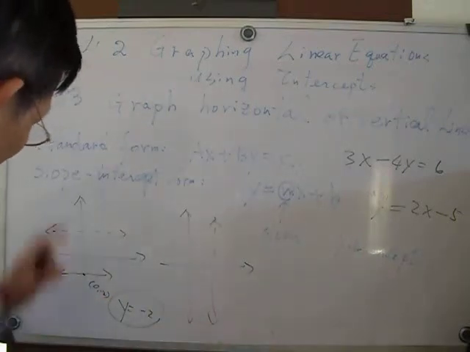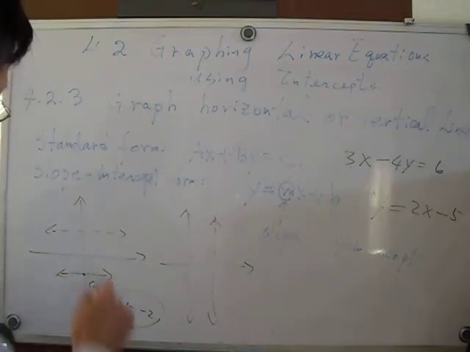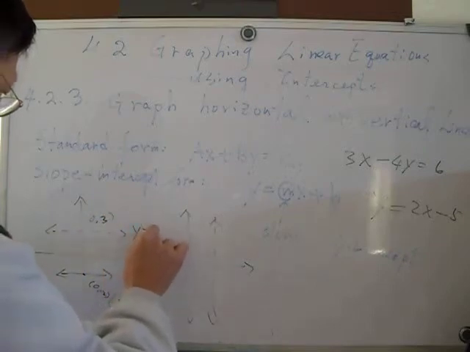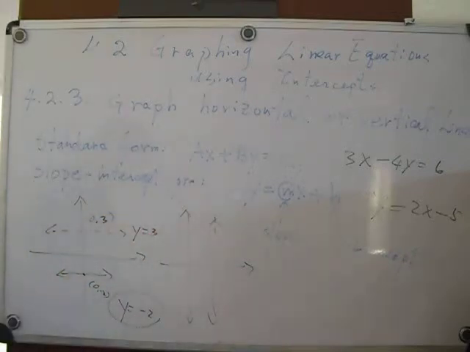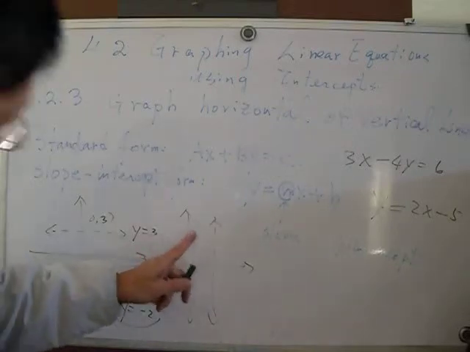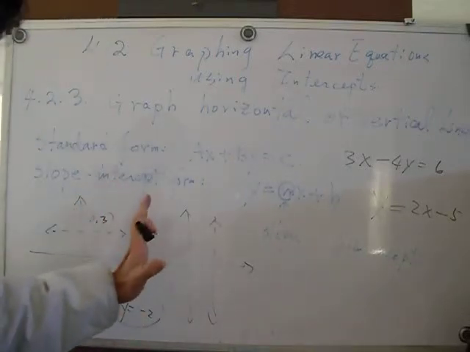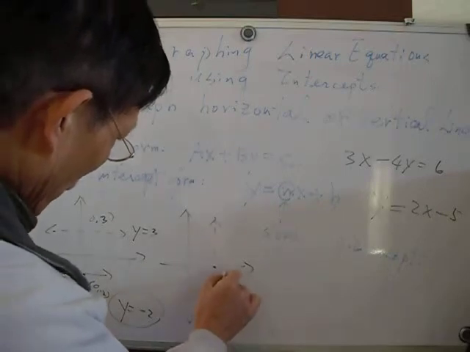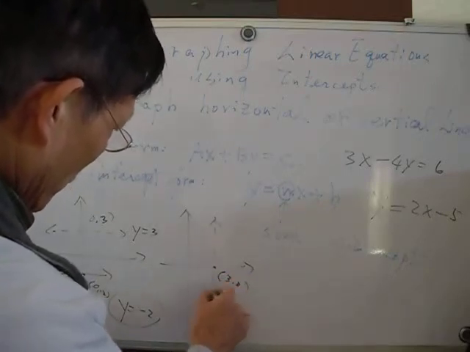Another one: this one could be 0, positive 3. So this horizontal line will be y equals 3. Simple example. Another vertical line: this is x-intercept 3, 0 here.